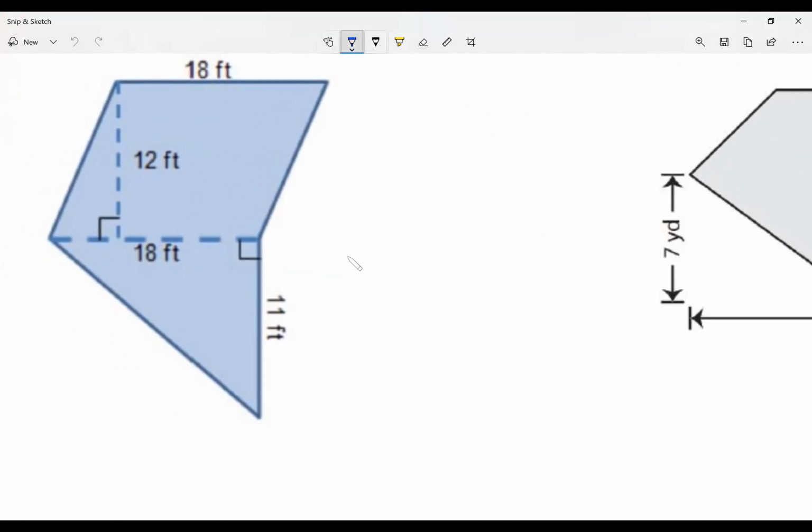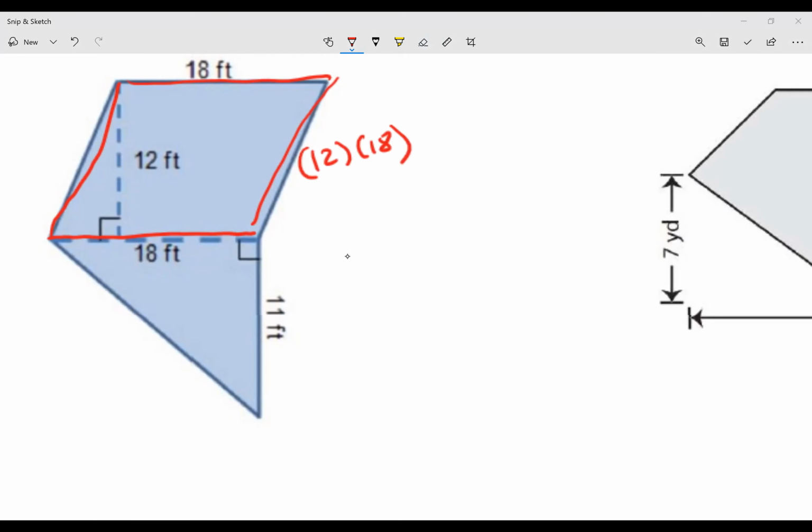Let's take a look at this one. I'm going to do it in red. My focus here is just on the parallelogram. For a parallelogram, I'm looking at the two numbers that make the 90 degrees, so I'm just going to multiply them. Parallelograms, I treat them like a rectangle. So for the parallelogram, I'm going to multiply 12 times 18.